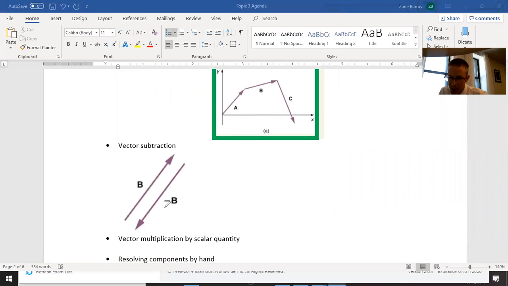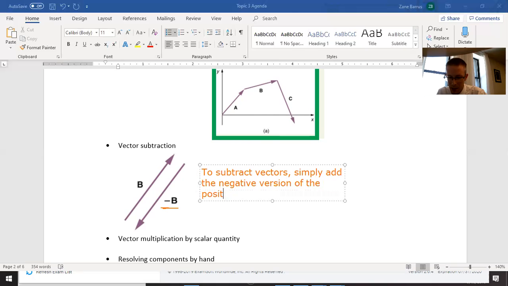So this right here, okay, is my negative version of vector B. Okay, so I'm gonna type this for you. To subtract vectors, simply add the negative version of the positive vector. Okay. Now that kind of sounds weird, but I'm going to illustrate with an example.